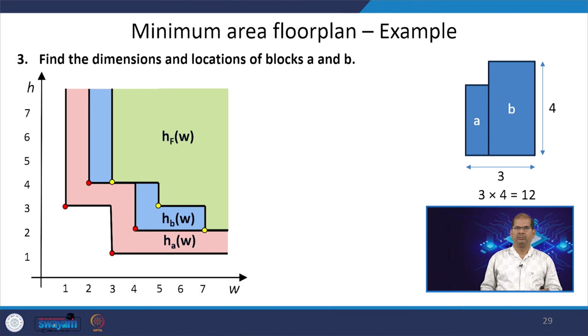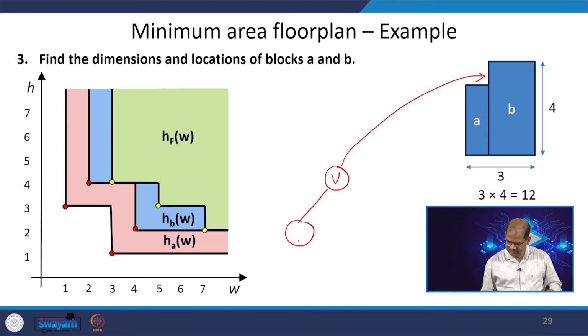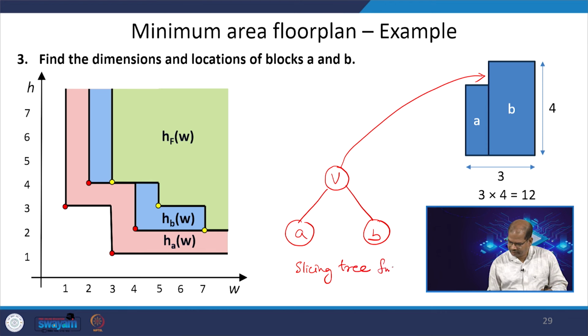There can be multiple minimum floor plans with the same area, as in this example. So, this is my floor plan, and the slicing floor plan for this one is basically V, because of this line, and you have the left child as A and the right child as B. So, this is my slicing tree for the given floor plan.